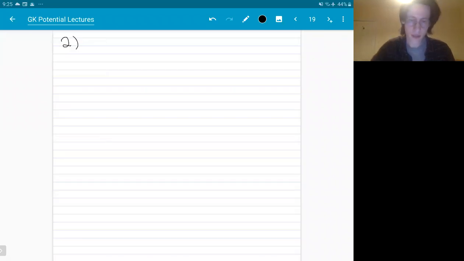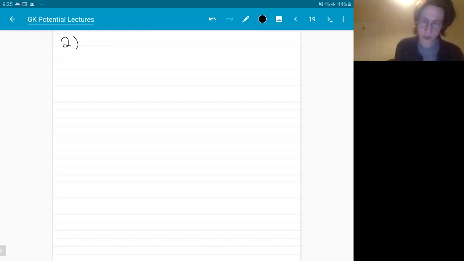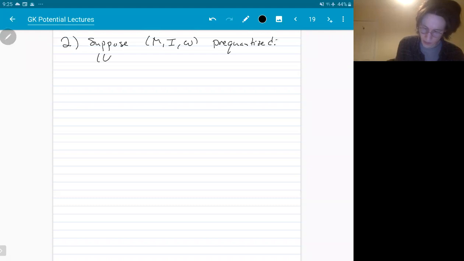Okay, so let me give another construction, which might be useful as well. So let's suppose that omega is pre-quantized. That means that we have this pre-quantum bundle with the Hermitian metric and the Chern connection, and the curvature of the Chern connection is 2 pi i omega.